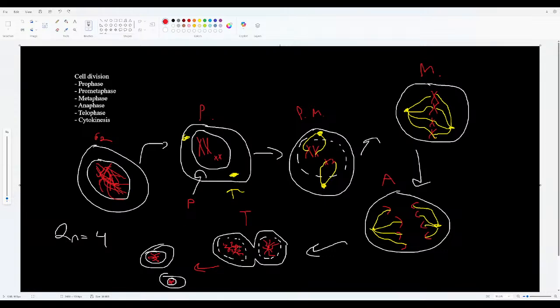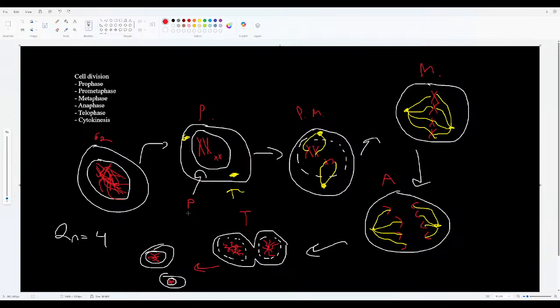So we're going to decondense the chromosomes, and we're going to reform the nuclear membrane, in which after the cleavage furrow is split during cytokinesis, we are going to have two identical cells, not only to each other but also to their parent.